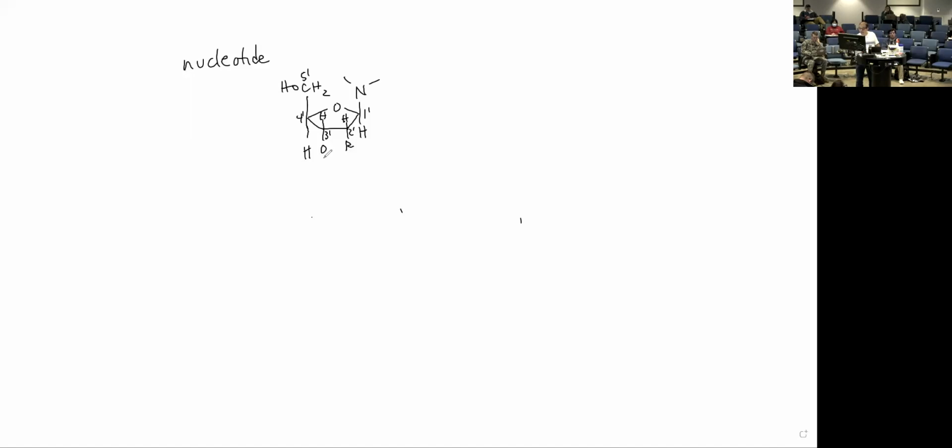So if we're making a polynucleotide, like a dinucleotide, then you're going to have a phosphate ester attaching the 3' carbon of one sugar to the 5' carbon of the next one. And the rest of the structure will be very much the same.